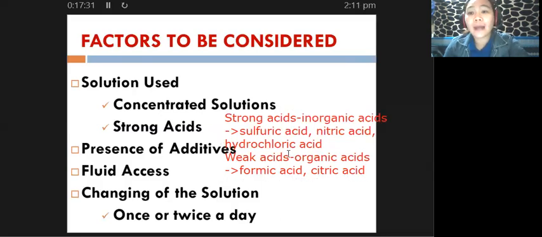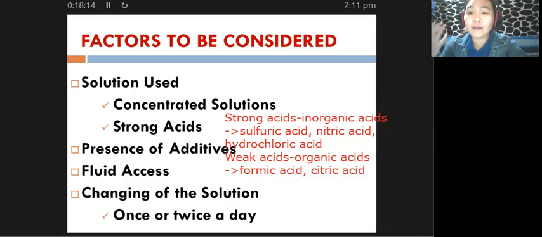The problem, class, with our strong acids is that they are more damaging to our tissue antigens. If they are more damaging to your tissue antigens, your strong acids cannot be utilized for immunohistochemical or cytochemical staining. Because from the term itself, immunohistochemical, our basis is antigen-antibody interaction.